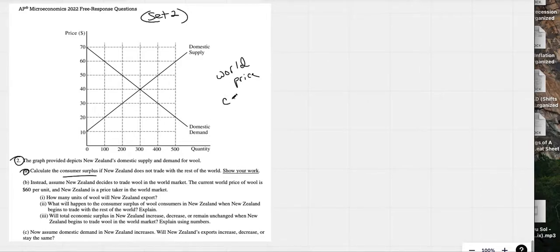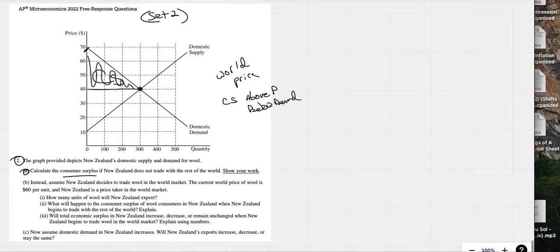So what we know is consumer surplus is everything above the price, but below demand. So if this is the price with no trade right there, $40, it's everything above the price, but below the demand curve. All of this would be consumer surplus.